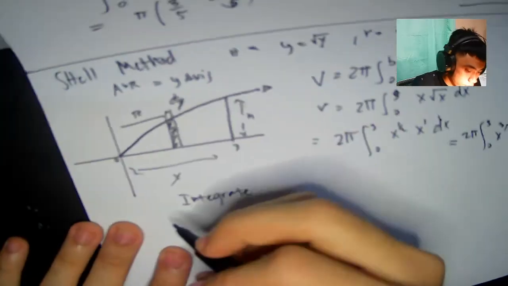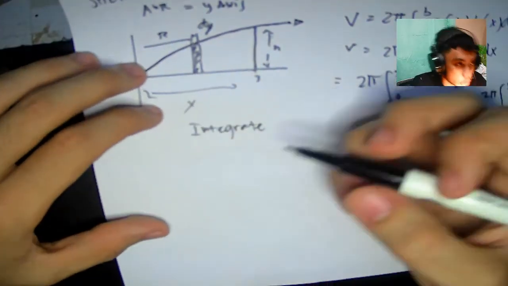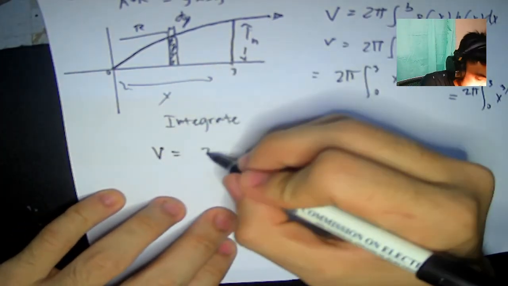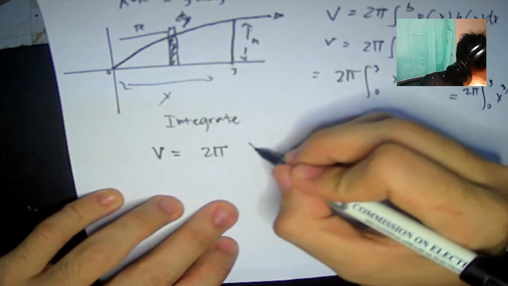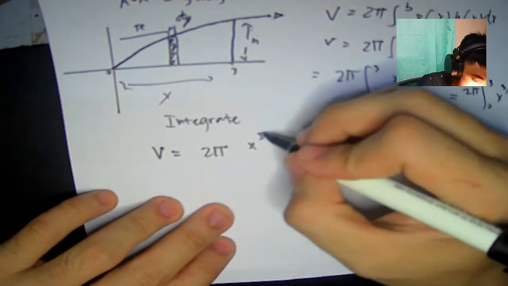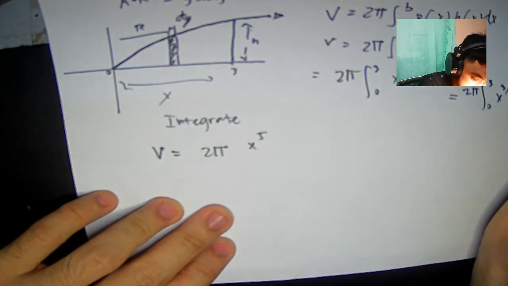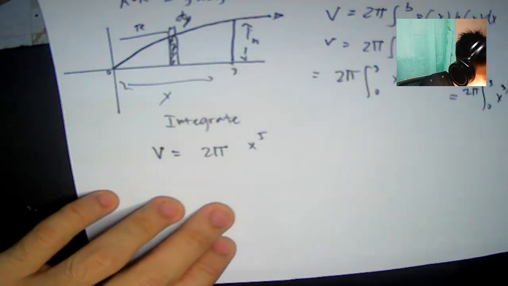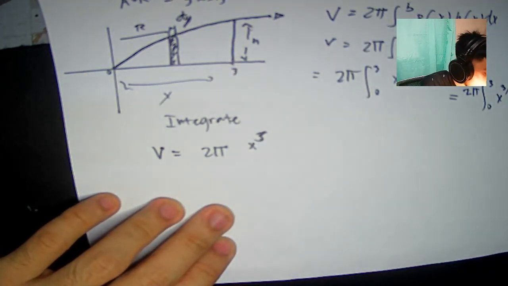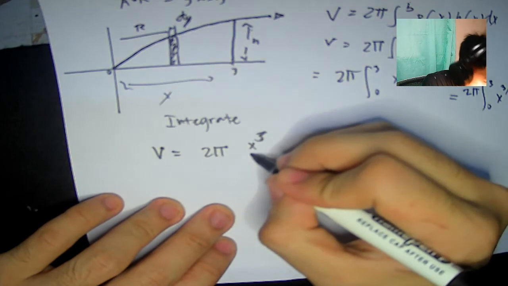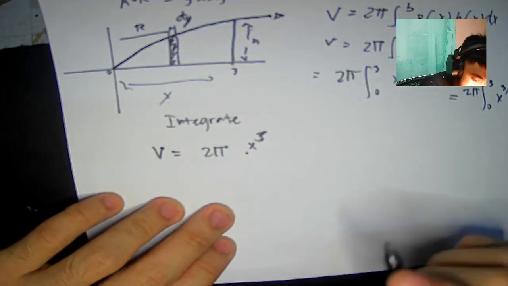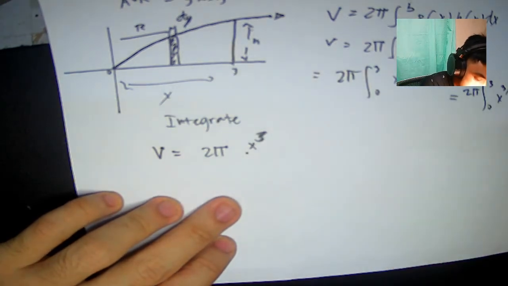So v, volume, let's solve for the volume. V is equal to 2 pi x, 3 over 2, over, so this is 3, so we're gonna integrate.